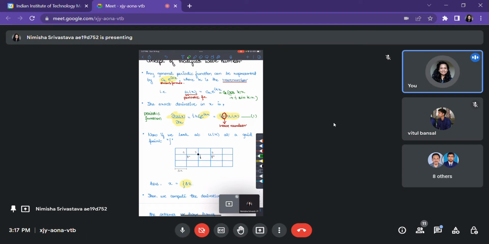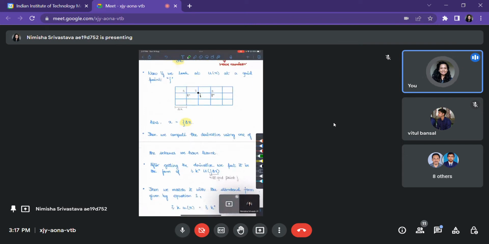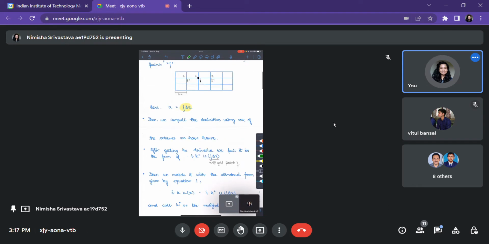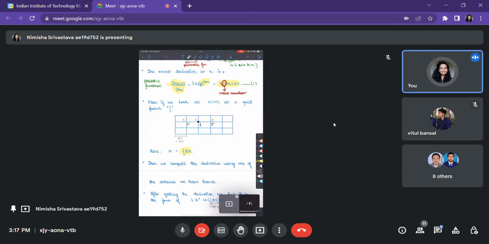So now we are looking at a certain grid point which is at index j. For example, if we were looking at indices 1, 2, 3 in this particular mesh, and we know that delta x is equal to, for example, 1 meter, then we can easily get to know that our x at j is equal to j into delta x.